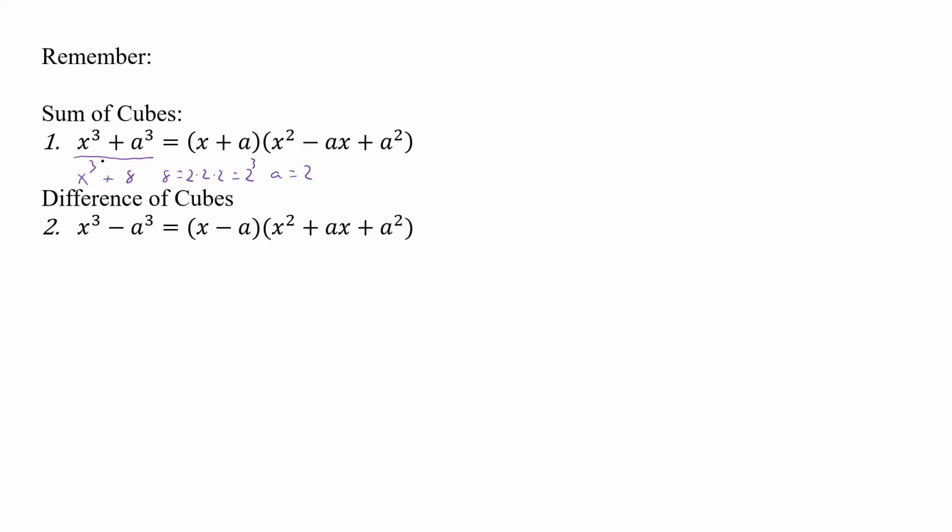Now, if it had been x cubed minus 8 instead, then again, a is 2, so we'd have x minus 2 times the quantity x squared plus 2x plus 4. Okay, so the key difference is if you have a plus on the sum of cubes, you have a plus on the a plus x, and then you have the negative in the middle. And if you have a negative here, you have a negative here, and a positive here. So those are the key differences.